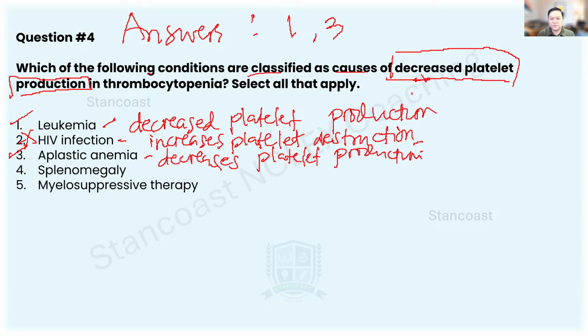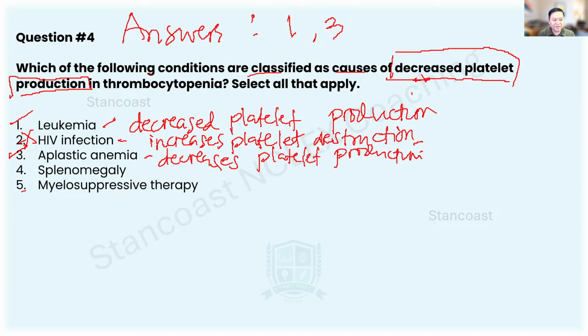What about number 4? Splenomegaly. Do you think that's one of the answers? Basically, that is one of the wrong answers here.